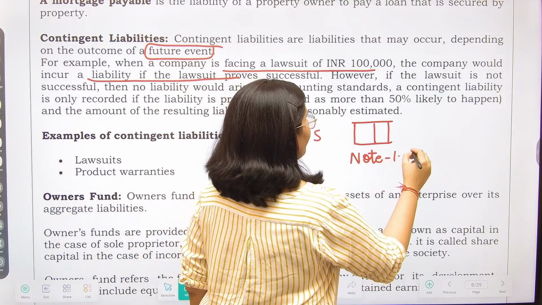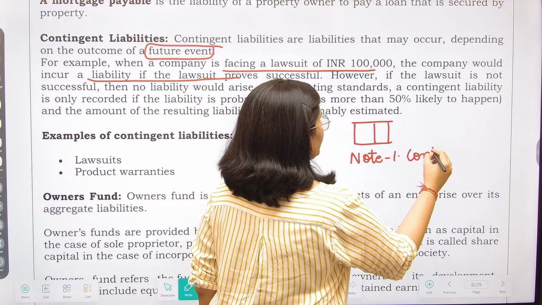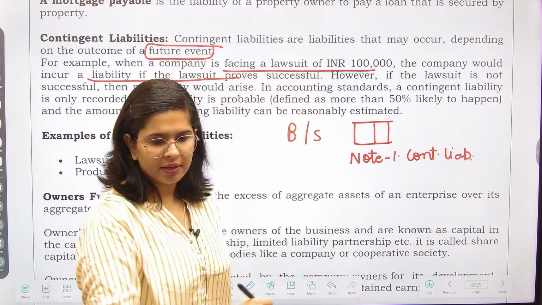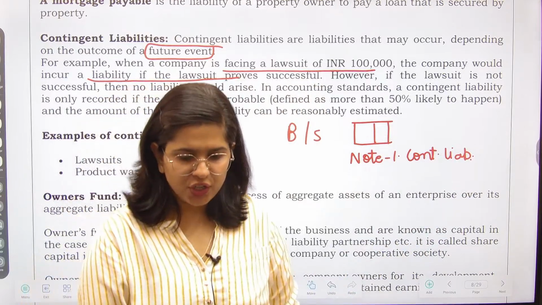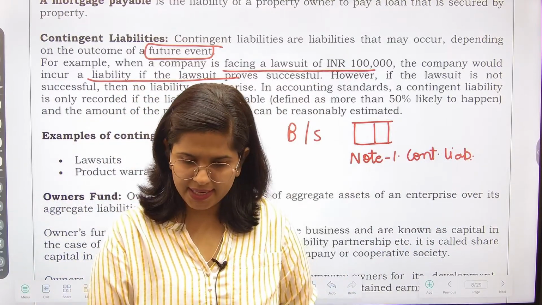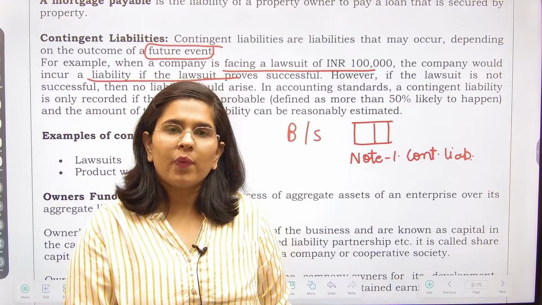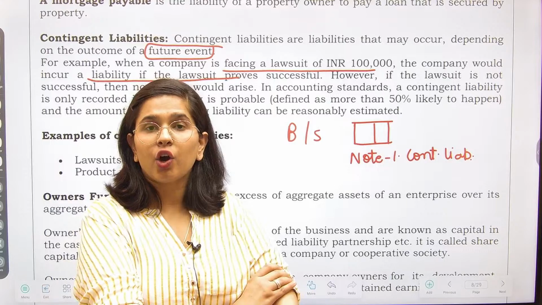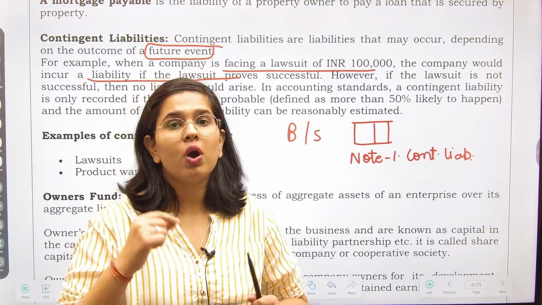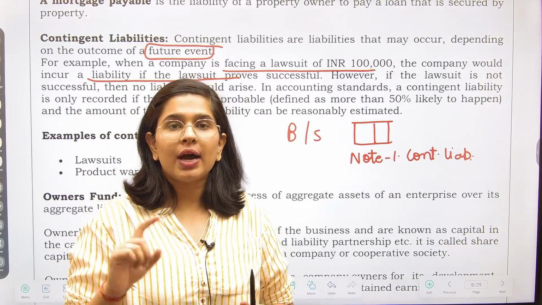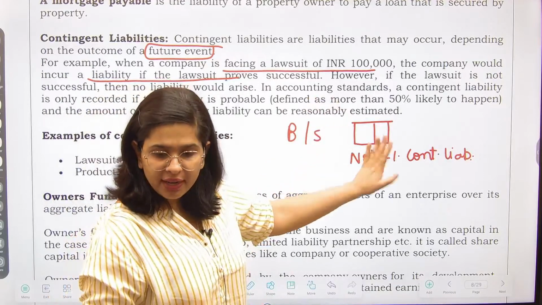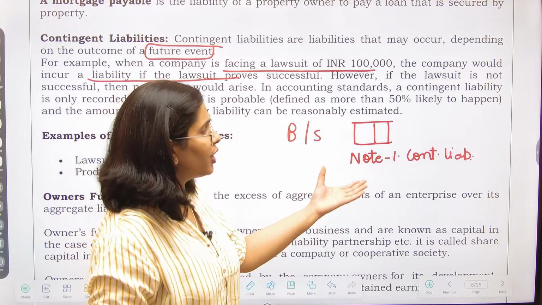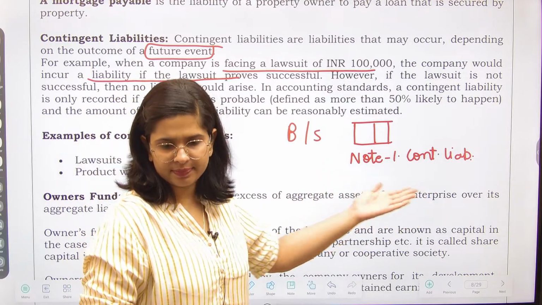And here I will mention contingent liabilities. Is it clear? So whenever any such item comes, contingent liabilities are recorded in the notes to accounts. Notes to accounts means they are not reflected in the balance sheet or your profit and loss account. They are shown as a footnote.